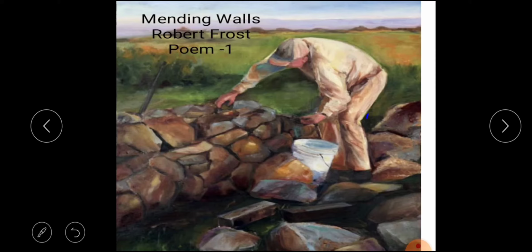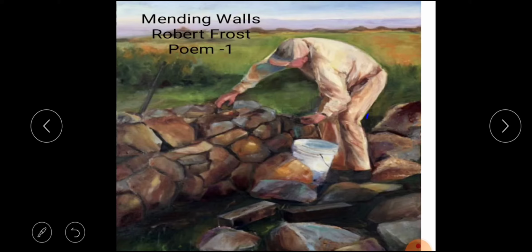And when we talk about the theme of the poem, as I've told you, this poem Mending Wall revolves around the wall dividing the two neighbors' property, and every year they meet to repair the stone wall after new gaps are found in it.